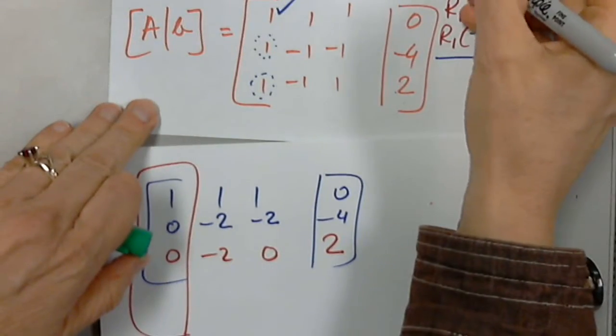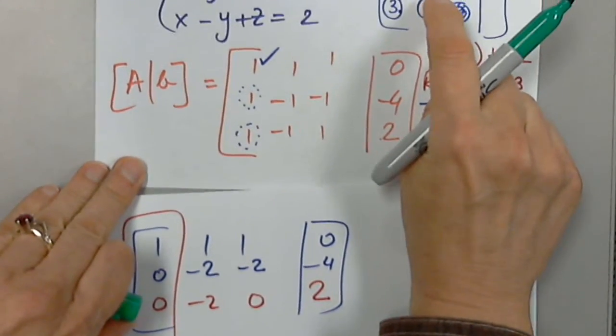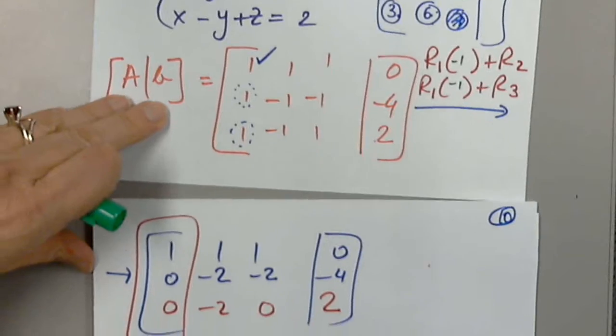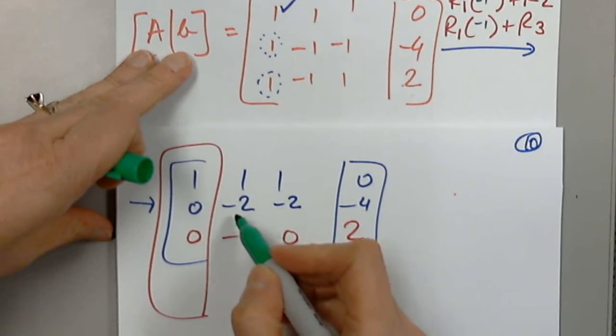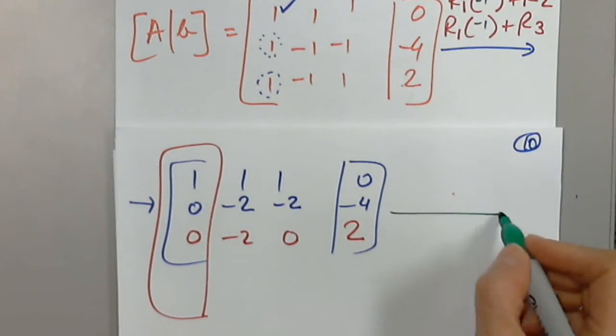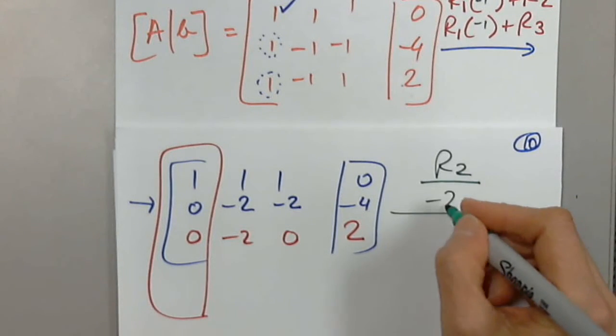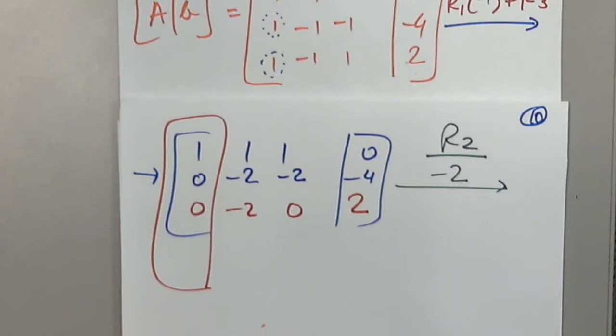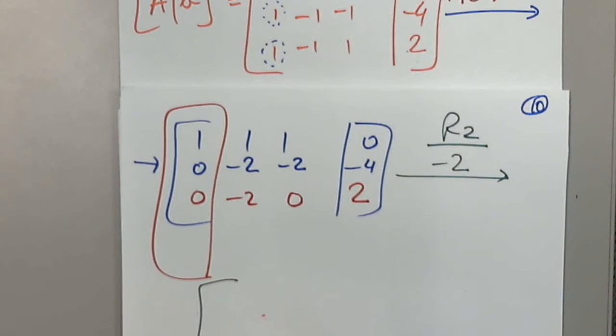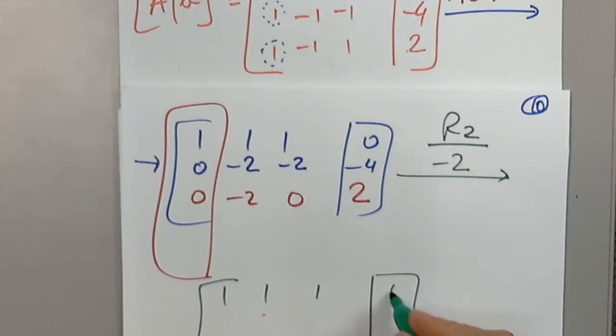I'm here. I know I want a 1 in this spot. How do I get a 1 in this spot? Divide row 2 by? Very good. Is that okay? Good. Which row I have? Not yet, sorry. I'm ahead of myself.